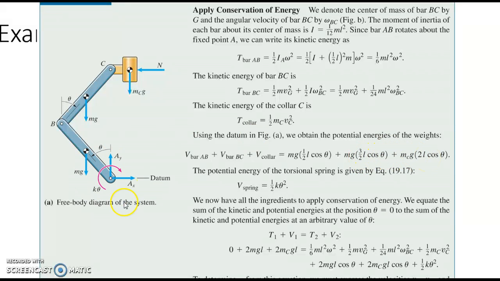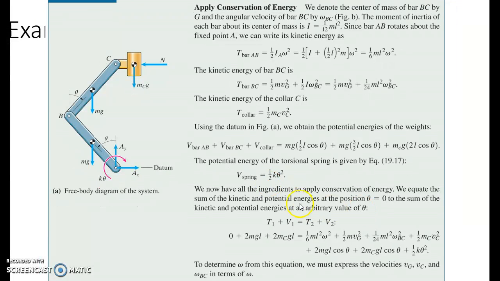We also have the spring, right? So the spring has some potential energy as well. It's a half k theta squared. So now I have the kinetic energy terms and the potential energy terms for all the components in my system when the system is at an angle theta.